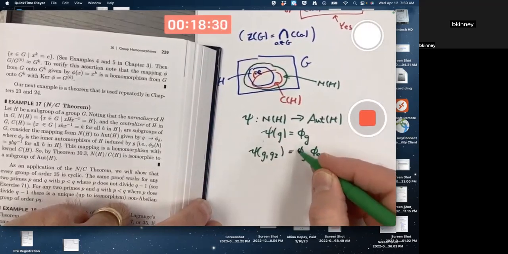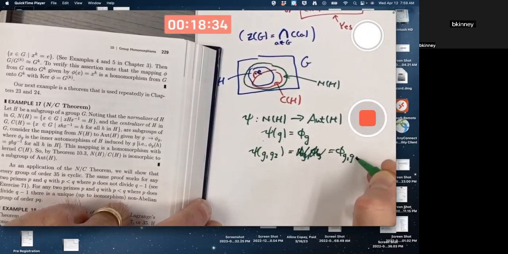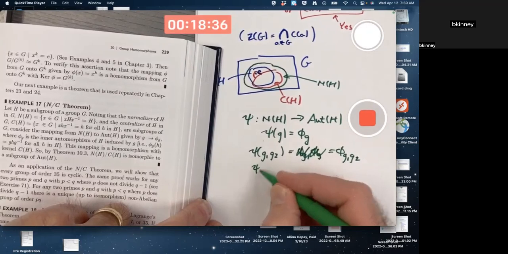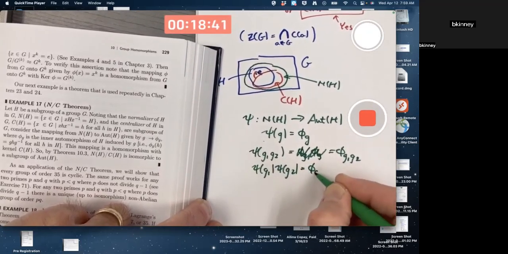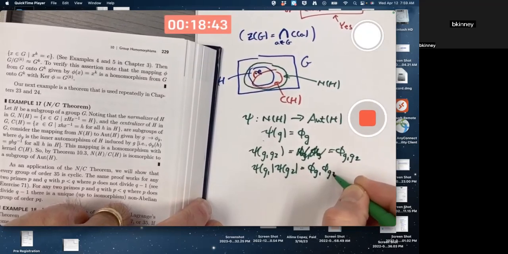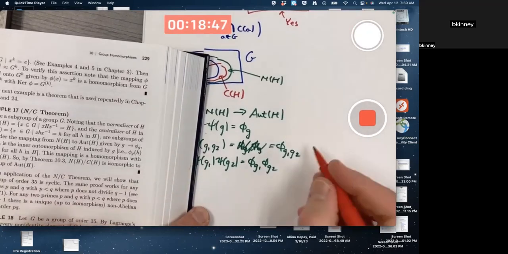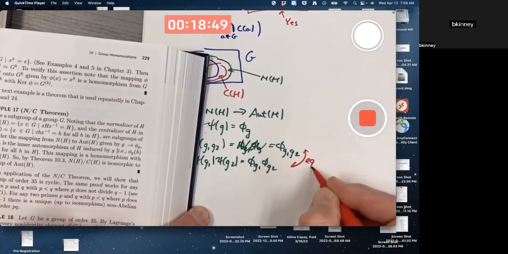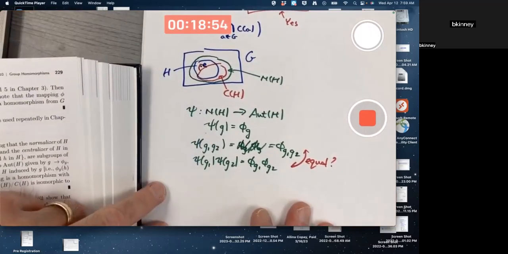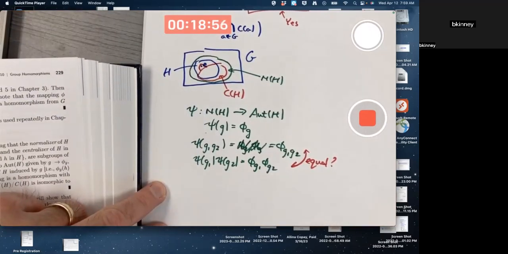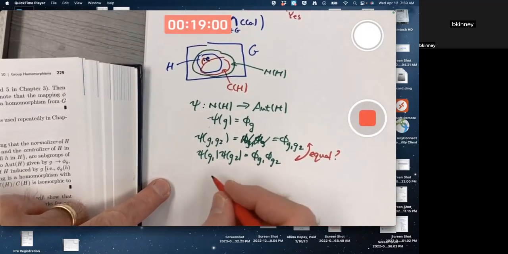Psi of g1 g2 equals phi sub g1 g2, whereas psi of g1 composed with psi of g2 equals phi sub g1 compose phi sub g2. The question is, are these things equal? This is something the book discussed back in chapter 6 or 7. I think these are equal. You can verify the formulas work.